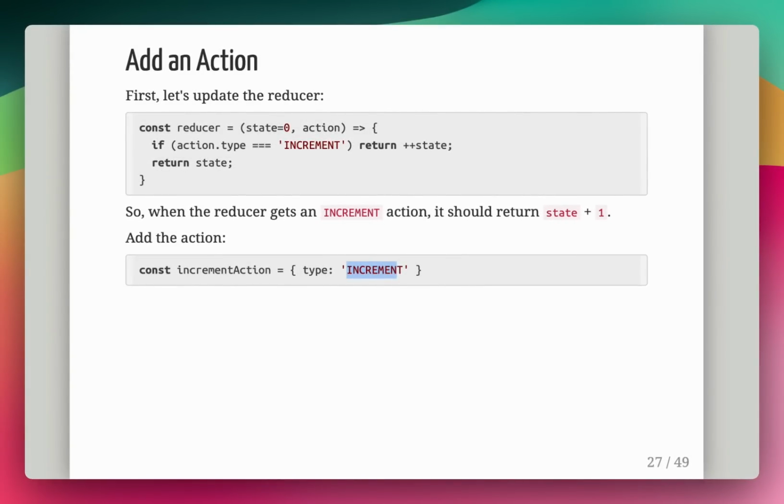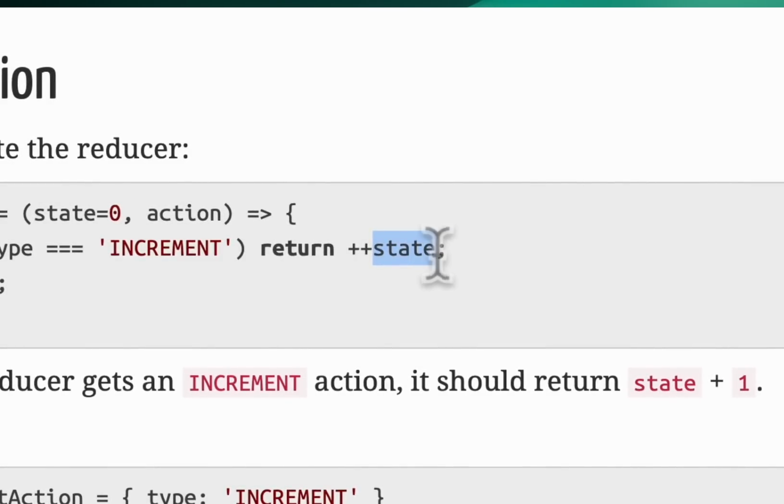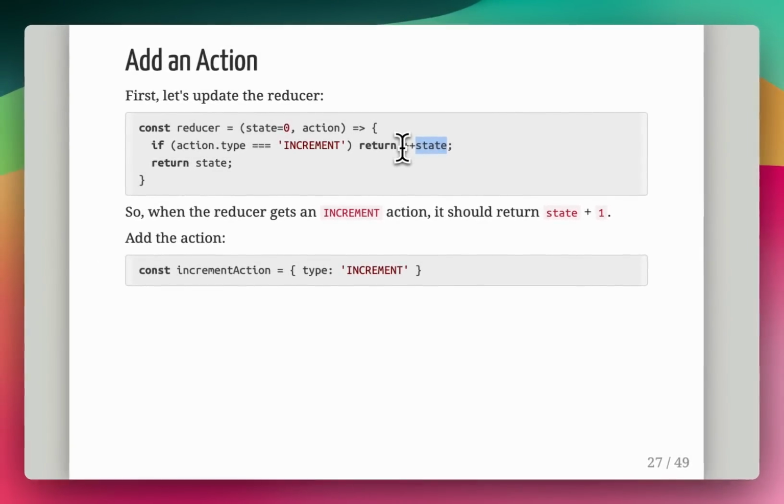For example, if a user enters 5, the payload is set to 5, and so when the action type is add, the action.payload value is added to the existing state, and then the resulting value is returned as a new state. Got it?